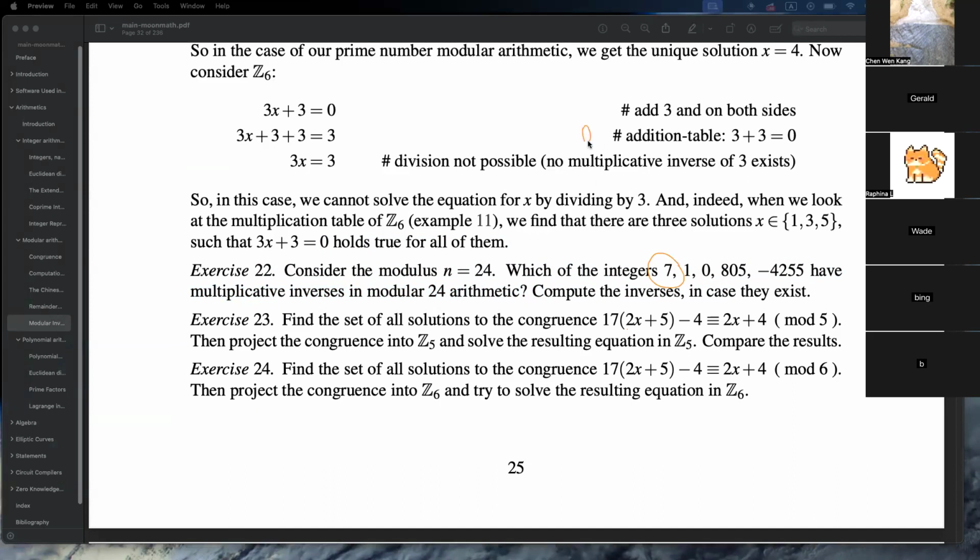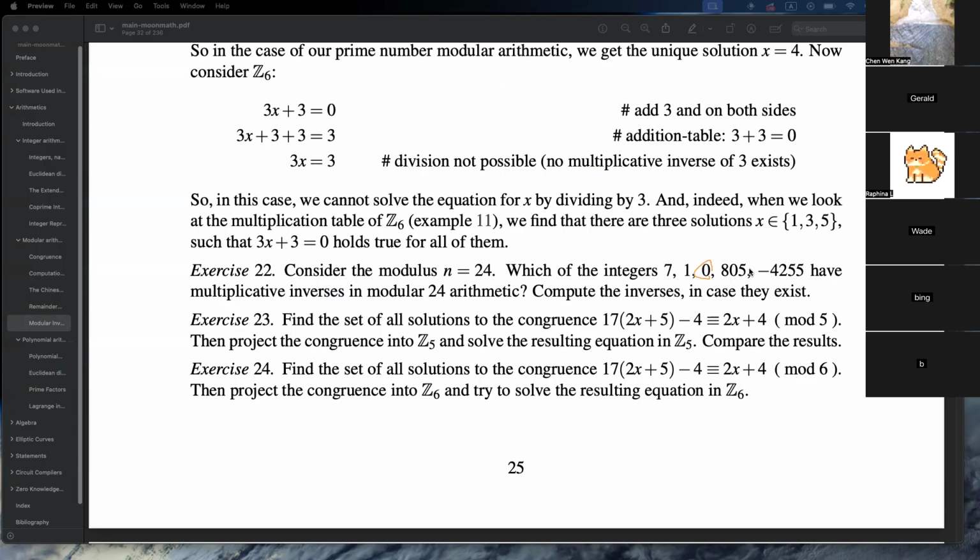Wait, I don't believe so. Let's do the GCD of this. No, they are coprime. 1 technically is a coprime. 0 is not a coprime.